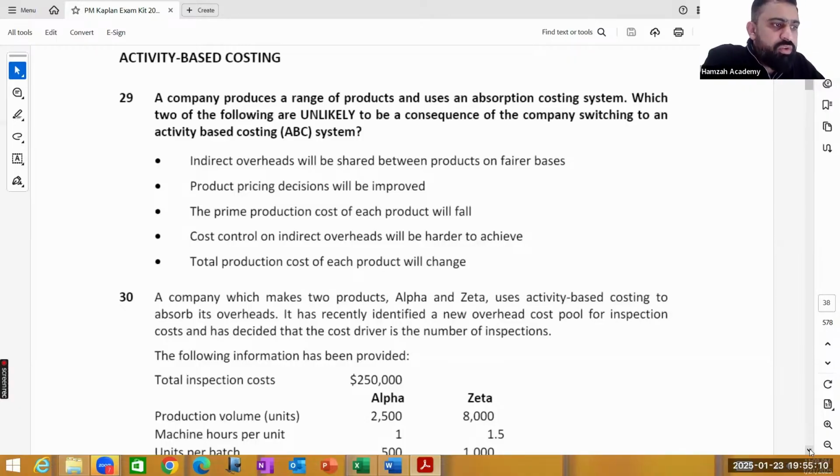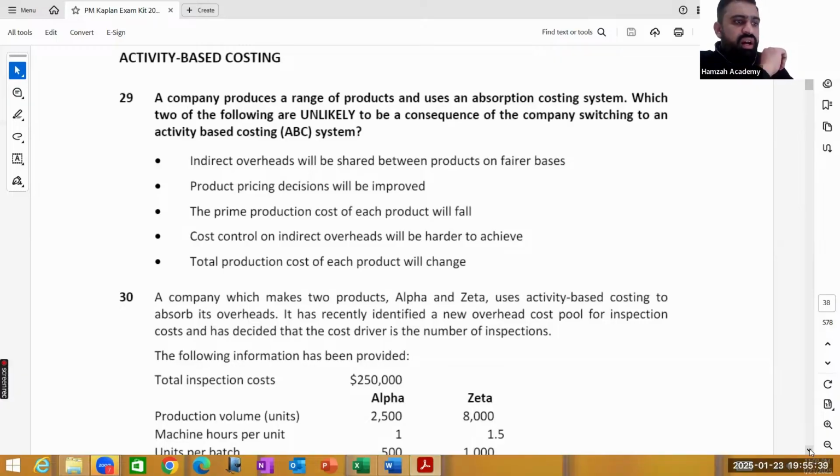A company produces a range of products and uses an absorption costing system.